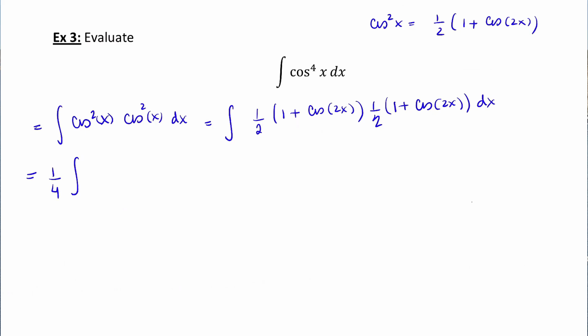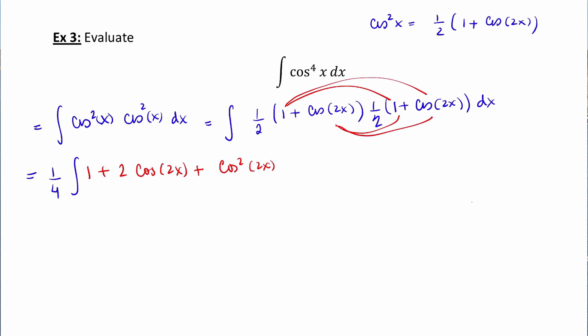Then we're going to FOIL this. 1 times 1 gives 1, then 1 times cosine of 2x plus 1 times cosine of 2x gives plus 2 cosine of 2x, and then plus cosine squared of 2x when I multiply cosine of 2x times cosine of 2x.